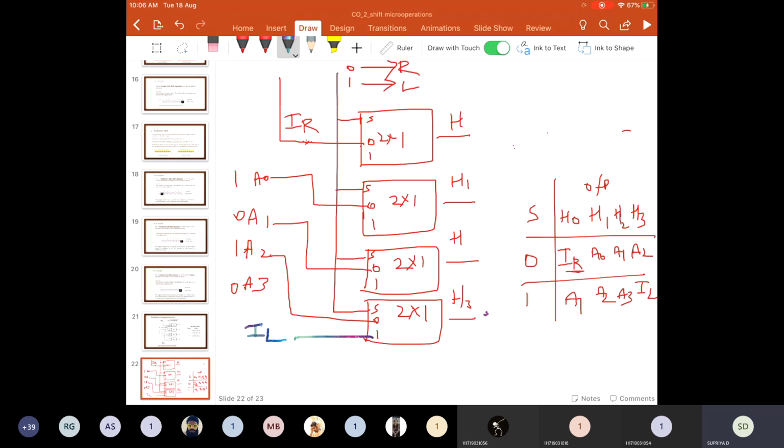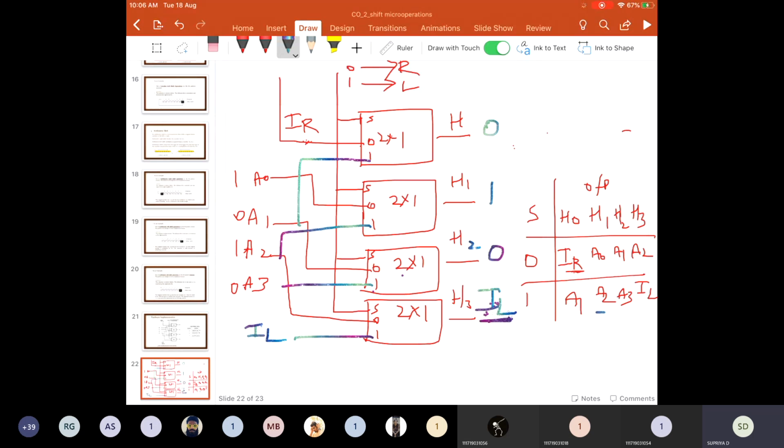Then A3 you are connecting to H2, A2 is connected to H1, and A1 is connected to H0. Whatever serial input you are supplying, that you are going to get here, IL.